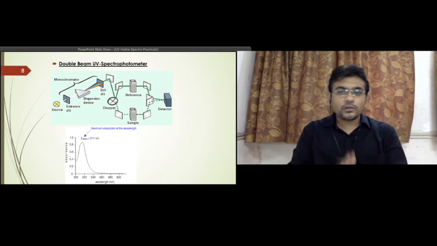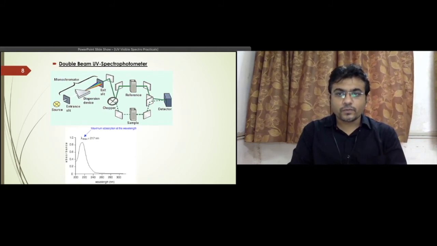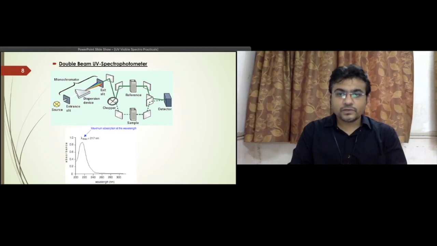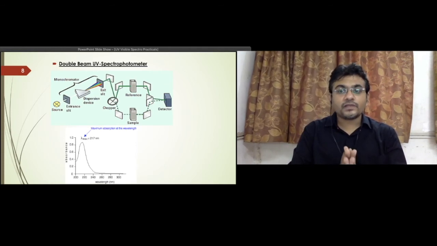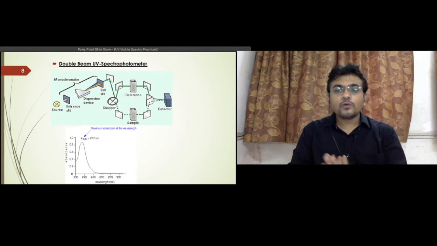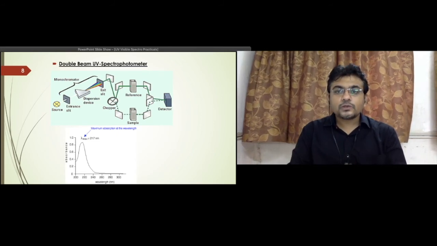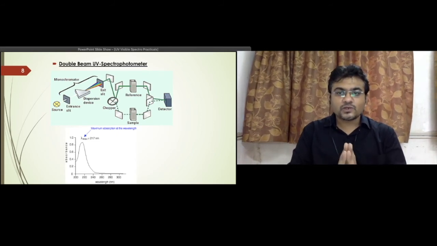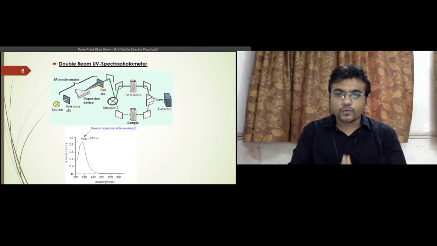As we have gone through in theory classes, a double beam UV visible spectrophotometer has an advantage that both the sample and the reference solution can be analyzed simultaneously. As a result, the nullification of the blank solution takes place simultaneously along with the analysis of the sample. So this offers a unique advantage in the case of the double beam UV visible spectrophotometer.